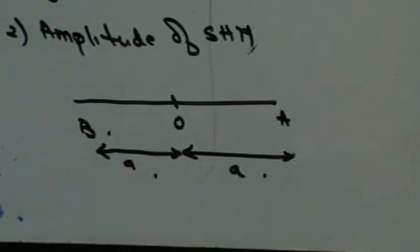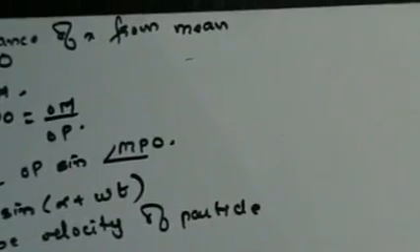The maximum distance that a body would cover from its mean position on either side is called the amplitude of SHM. How do I define amplitude?